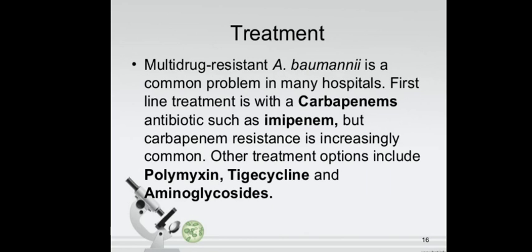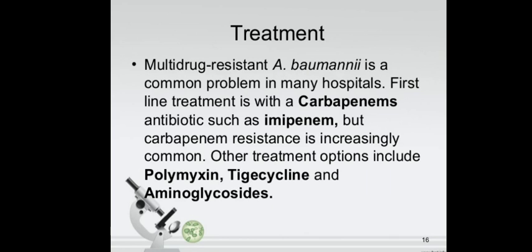Generally, if the infection is caused by this species, the first line of treatment is done with the help of carbapenem antibiotics. Carbapenem antibiotics such as imipenem are generally used for treating the infection caused by Acinetobacter. But nowadays, there is an increase in the resistance of Acinetobacter towards carbapenem.